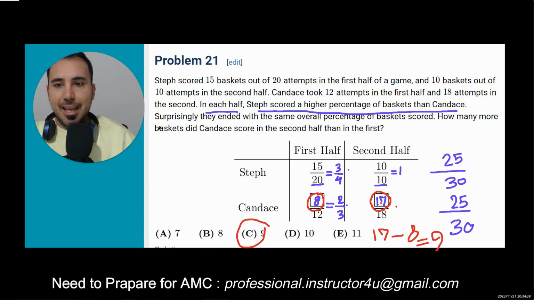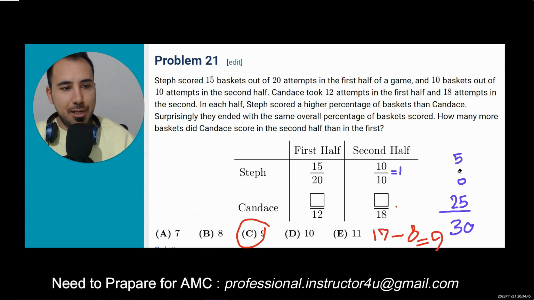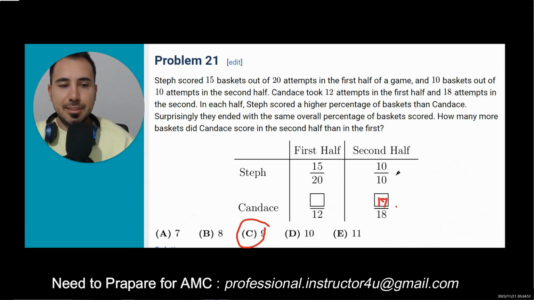But as I said, how can somebody play better in each half but end up being the same? Let me explain that. In both of these cases, this person had 17, and this person is very close. This one is 100%, and this one is almost also 100%.